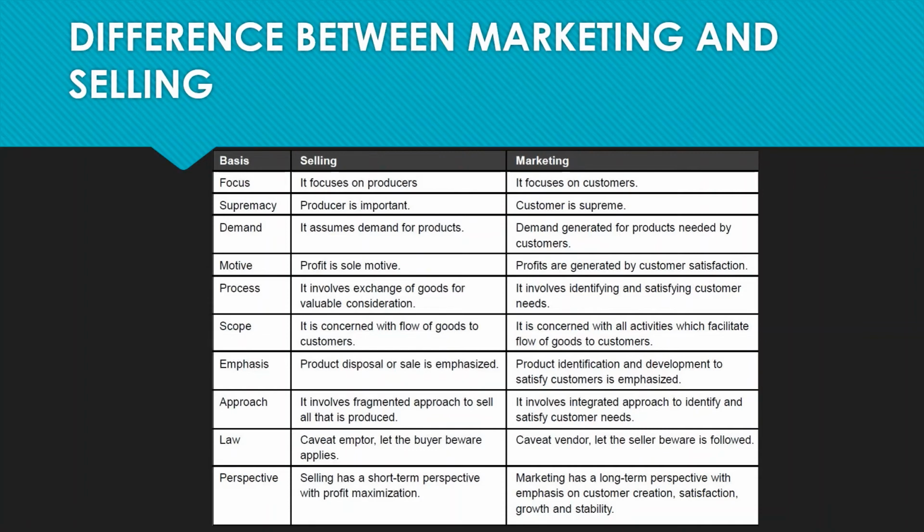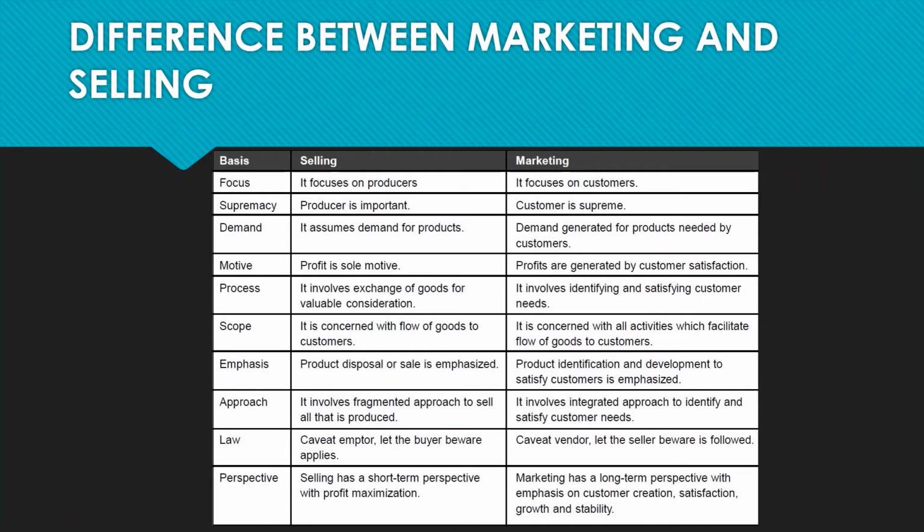Law: it is caveat emptor in selling, because here the seller has no motive to convince the customer. It is the responsibility of the buyer to be aware of whatever they are buying. Let the buyer beware applies here. In marketing we call it caveat venditor, let the seller beware.